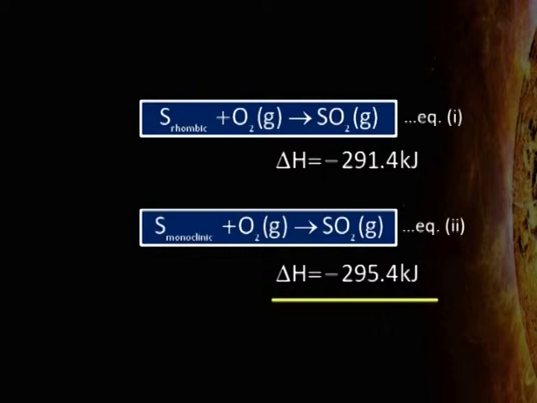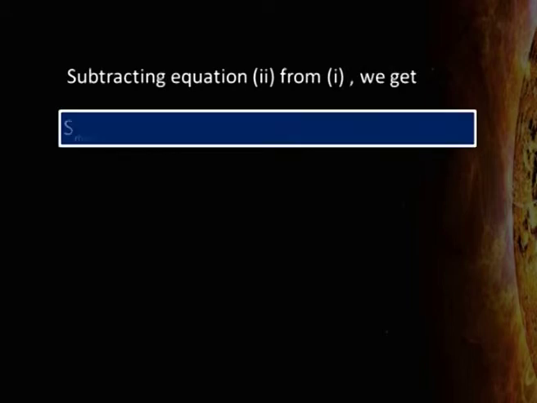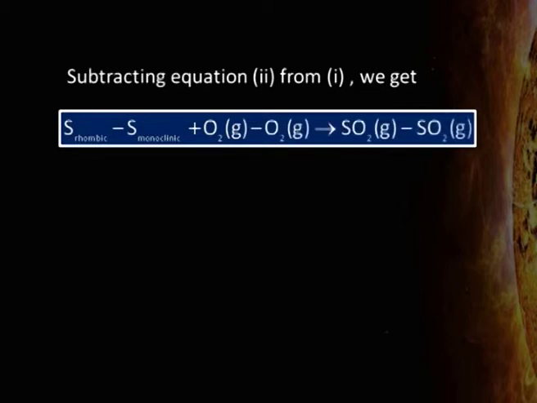minus 295.4 kilojoules. Subtracting equation 2 from 1, we will get rhombic sulfur minus monoclinic sulfur plus oxygen gas minus oxygen gas, giving you sulfur dioxide gaseous minus sulfur dioxide gaseous.